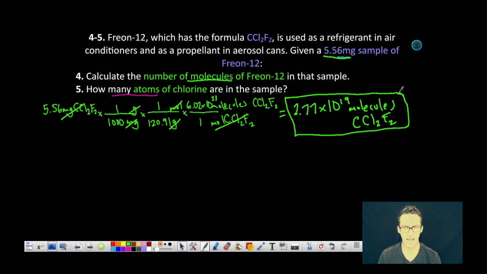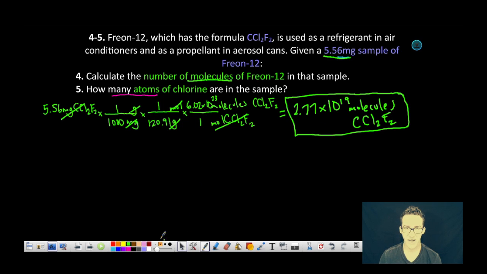Again, as you try to estimate this and think about whether or not this answer makes sense, in 1 mole we have 120.91 grams. And in 1 mole we would have Avogadro's number of molecules. Well, we've got a lot less than 1 mole because we have only 0.00556 grams of CCl2F2, which is a lot less than 120.91 grams. So this answer, which is a lot less than Avogadro's number, only 10 to the 19, makes sense. Genius.